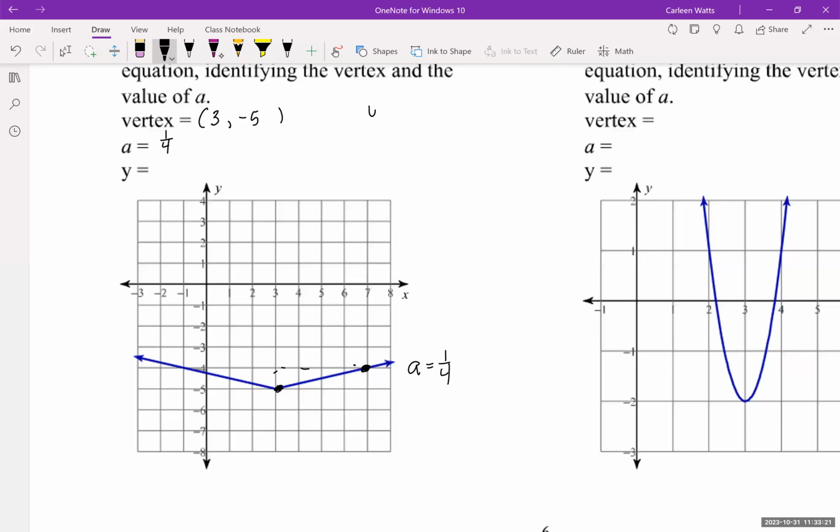The equation is A absolute value, x minus h, plus k. So y equals 1/4 absolute value of x minus 3 minus 5, right? The x is opposite sign, the y is same sign.